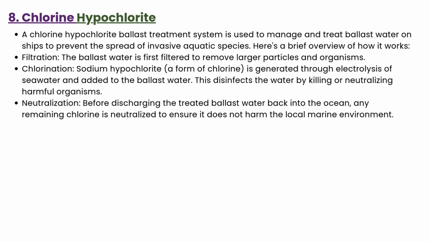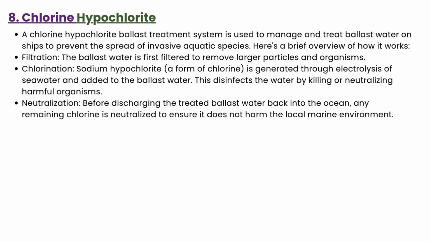This disinfects the water by killing or neutralizing harmful organisms. Before discharging, any remaining chlorine is neutralized to ensure it does not harm the local marine environment. They have to check for both things. The total residual oxidant and biological oxygen demand have to be checked before they pump out.